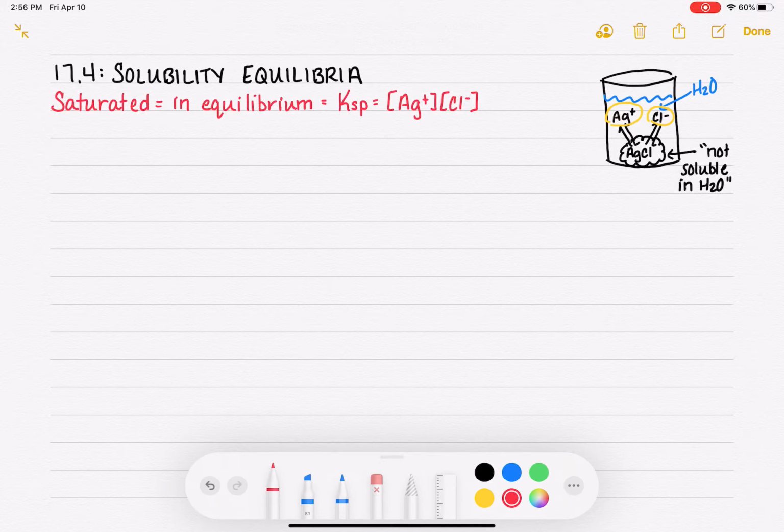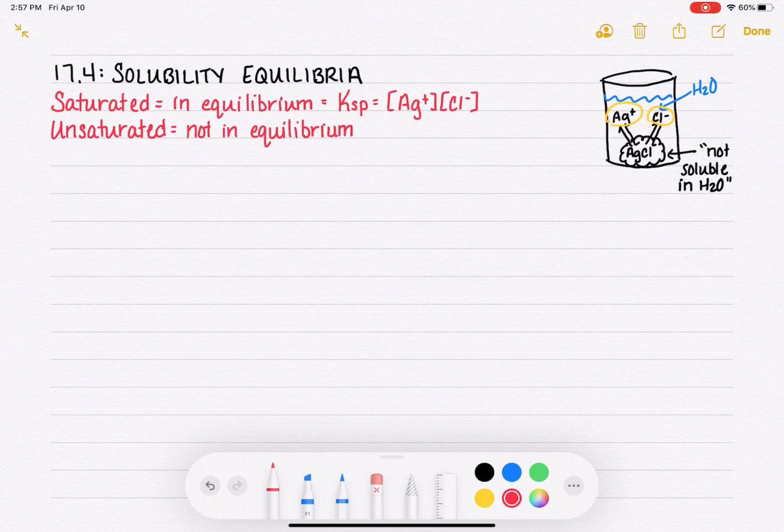And if the solution is unsaturated, that means that it has less than the desired amount of dissolved ions. So because it's not perfect, it's not in equilibrium. Because it's not in equilibrium, we can't calculate a Ksp.